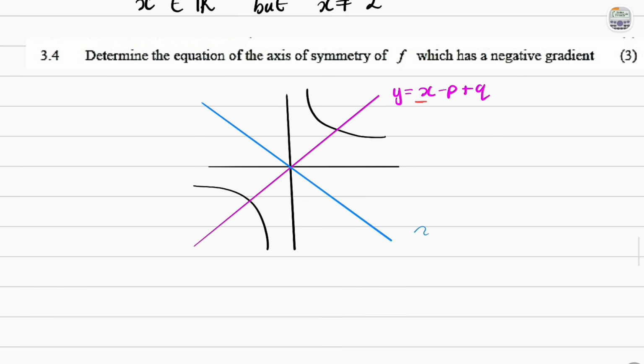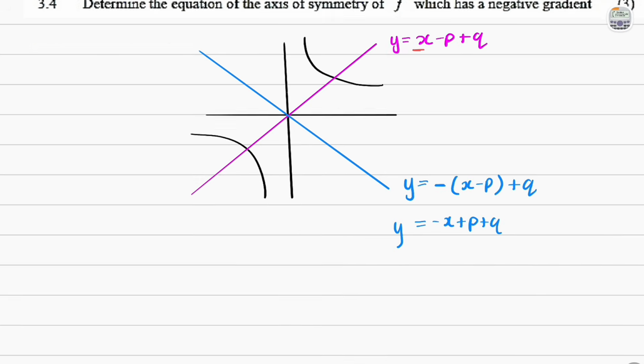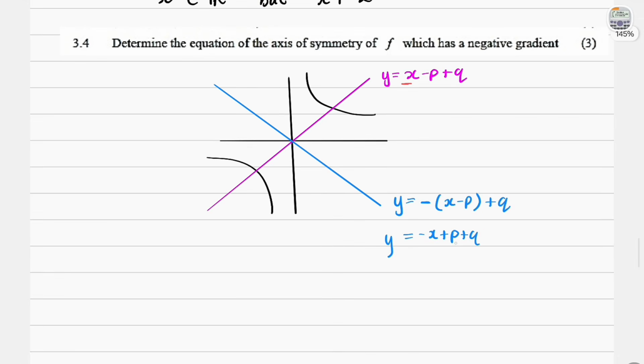Now, if it was the one with a negative gradient, all you do is put a negative in front of the x minus p. So you have x minus p, you put a negative there, and you still have plus q. So this is equal to negative x plus p, and then plus q. That would be the equation with the negative gradient. We would just have to substitute p and q.